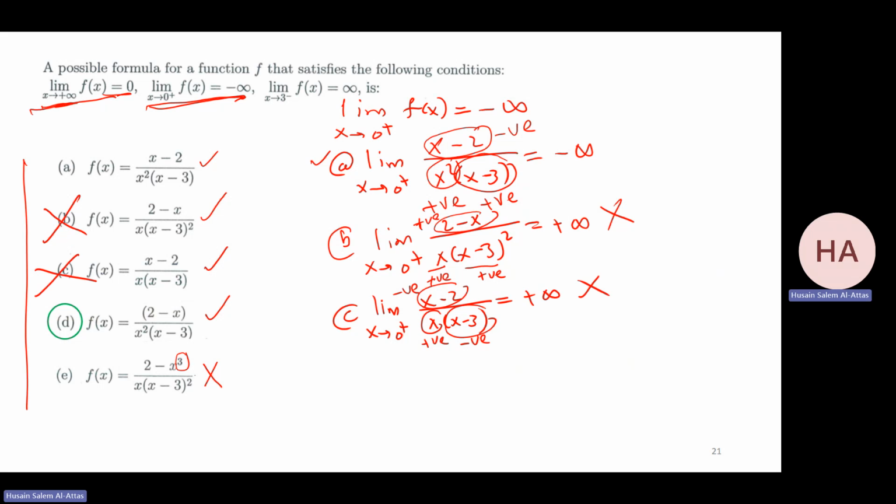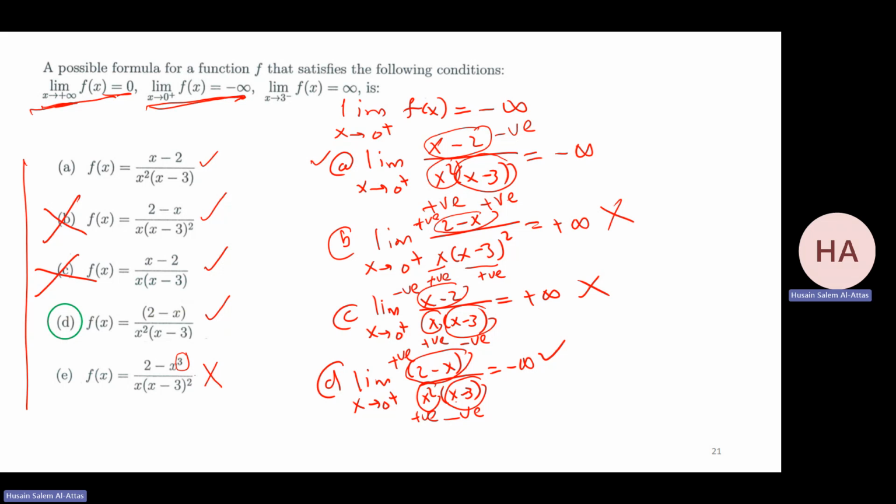D, which should be the correct answer. 0 from the right, 2 minus x over x squared times x minus 3. It's still non-zero over 0. This one is always positive. This one is negative, 0 minus 3, so it's -infinity. So this is correct. So now I have A and D.